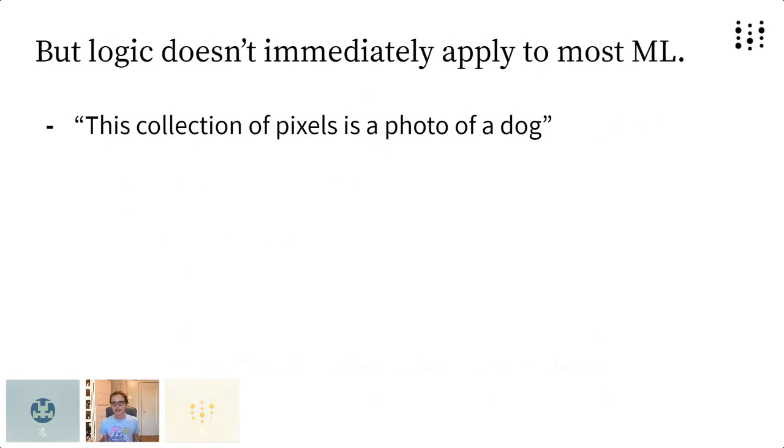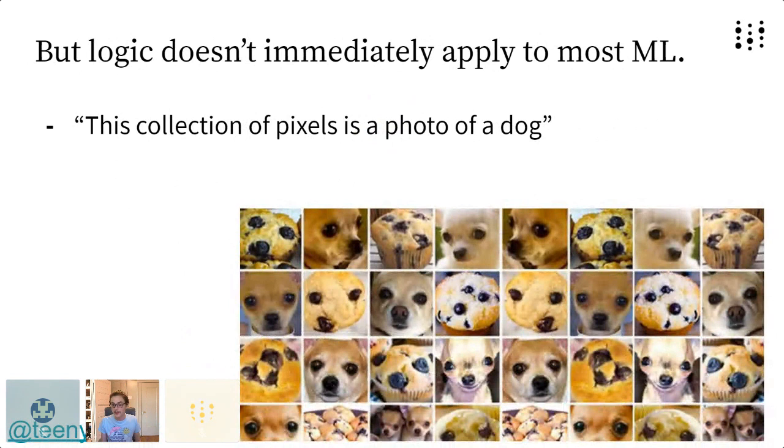Like, this collection of pixels is a photo of a dog. There's no way to take our ands, our ors, our XORs, our disjunctive syllogisms and all these tools and just answer that question. If that seems a little bit surprising, consider some examples of pictures like this from Twitter user @TeenyBiscuit. These are images.